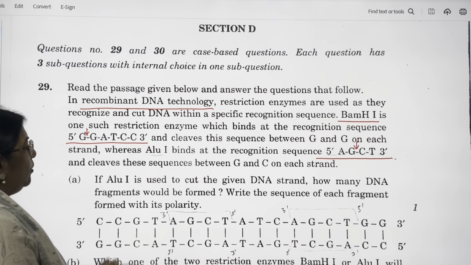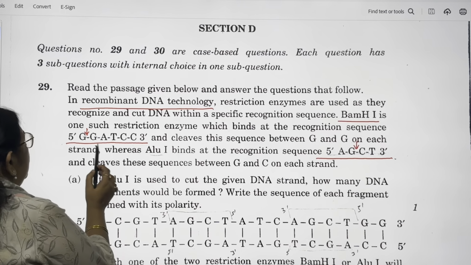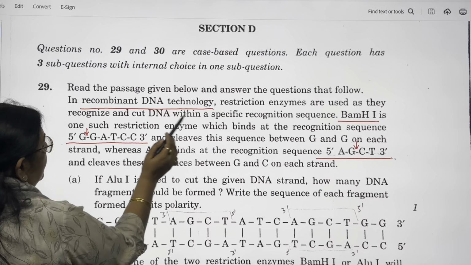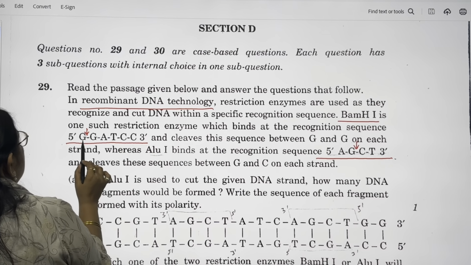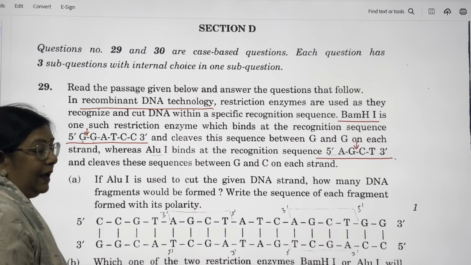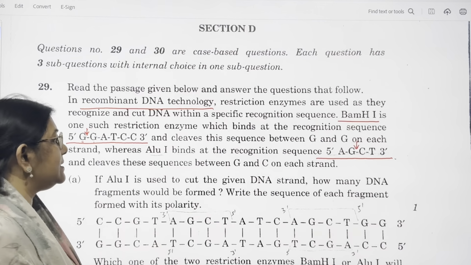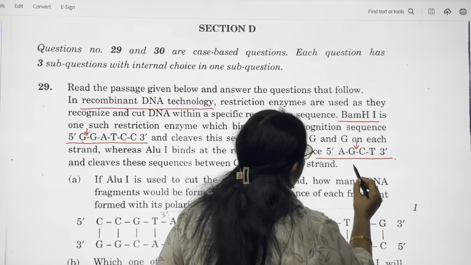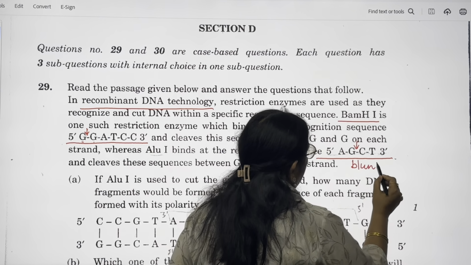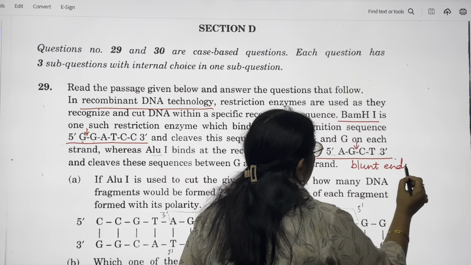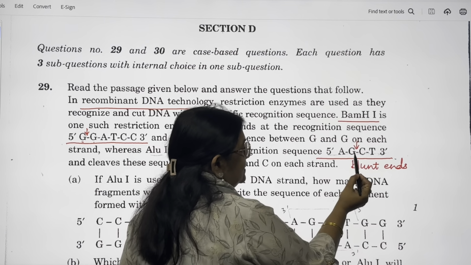Okay, so now you have already understood that when the restriction enzyme cleaves two bases at the ends, away from the center, the sticky ends are formed. So here blunt ends are formed because the restriction enzyme works at the center.